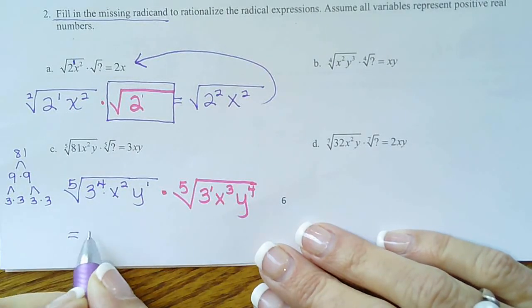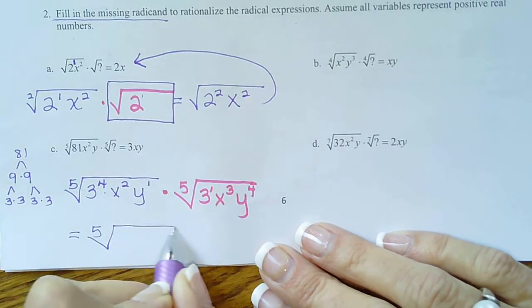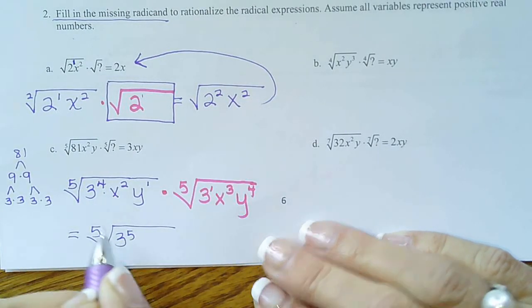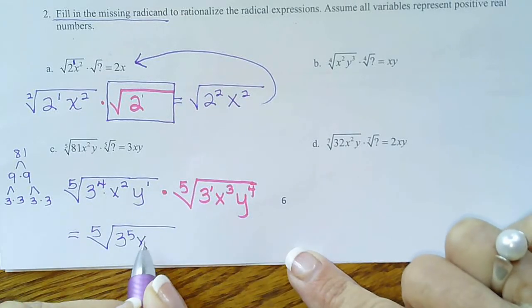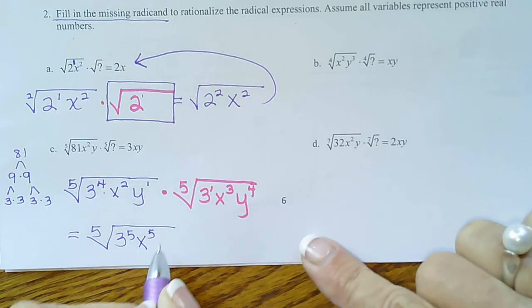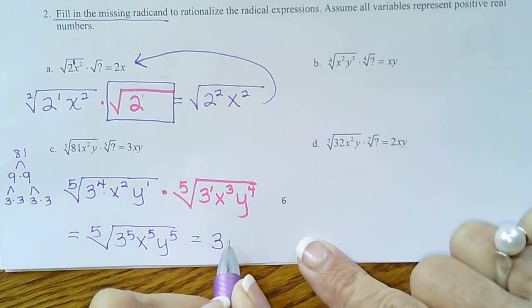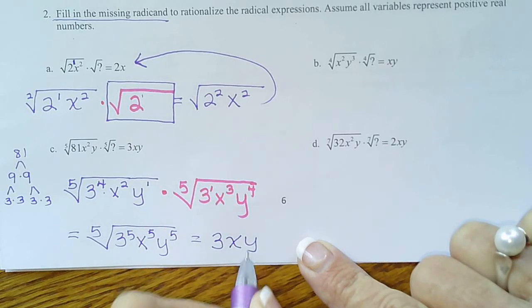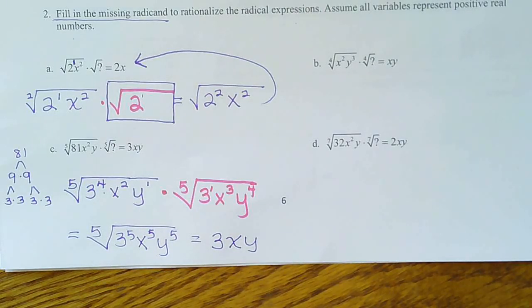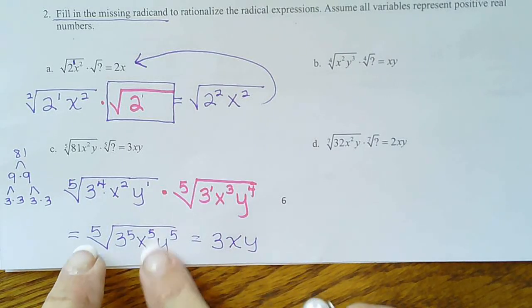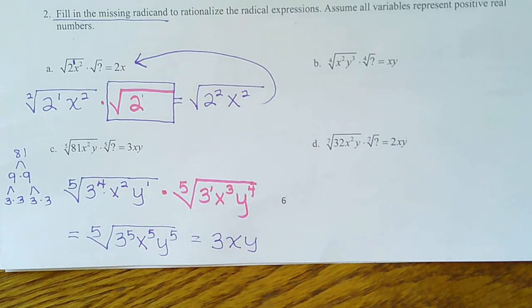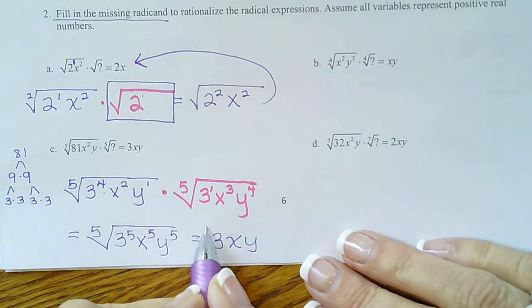We have the 5th root of 3 to the 5th, x to the 5th, y to the 5th, which is indeed 3xy. So everything popped out of the radical because 5 divided by 5, 3 to the first. 5 divided by 5, x to the first. 5 divided by 5, y to the first.